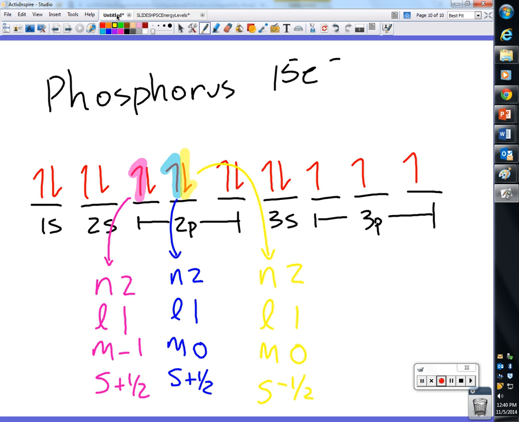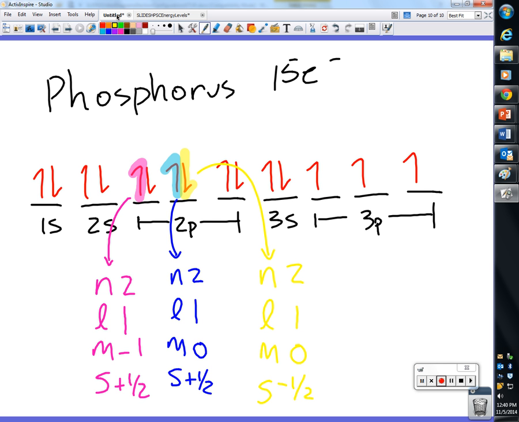Okay? But on Monday, the last thing that we did in class was to draw the orbital diagram for manganese. Okay? Down at the bottom of the page, right? And it was really long. And it was only 25 electrons. There are atoms on the periodic table that have up to 92, 103 electrons.